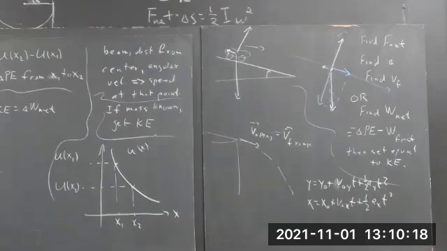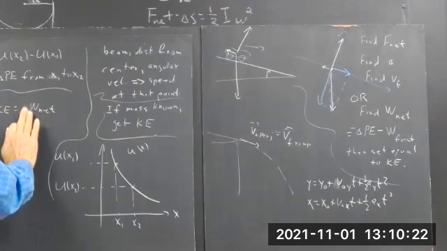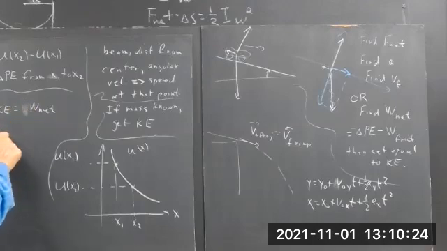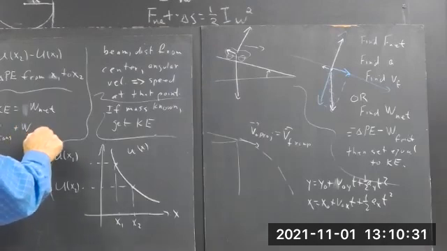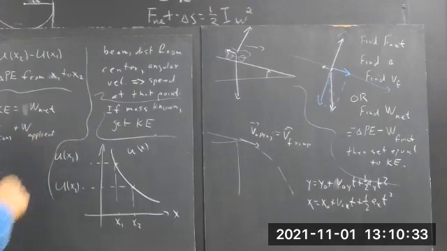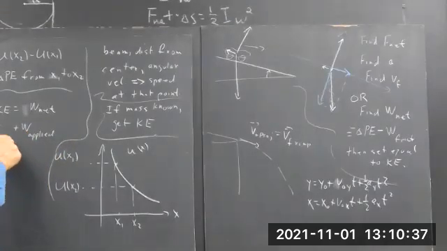Okay, work done by the net force. This is work done by conservative forces, plus the work done by applied forces, right? Work done by conservative force is negative change in potential energy.